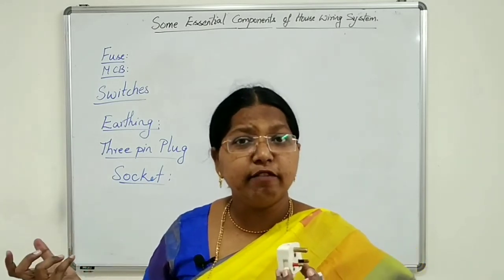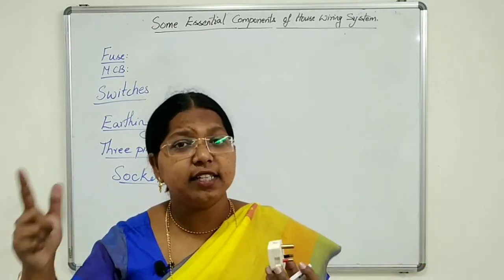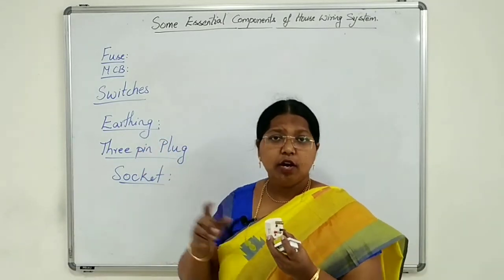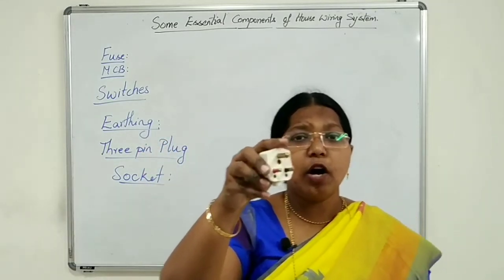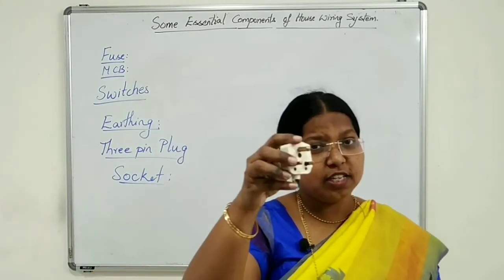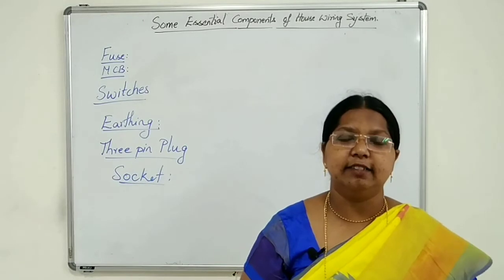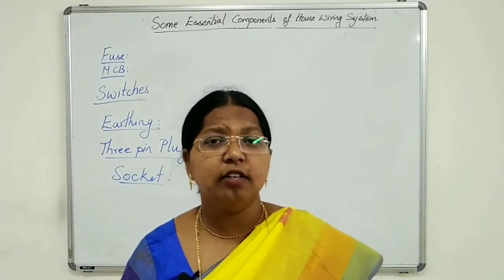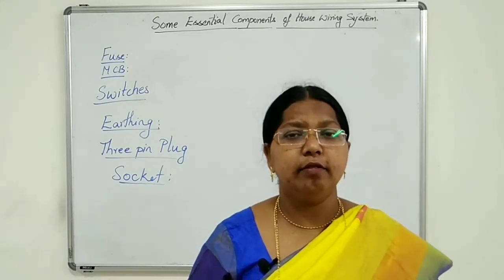Earth wire is there for every appliance, and the excess current is sent into the earth, as we just saw in grounding or earthing. So this earth pin is longer because it will be connected first before the live pin, so it will send the excess current into the earth and we will be protected.